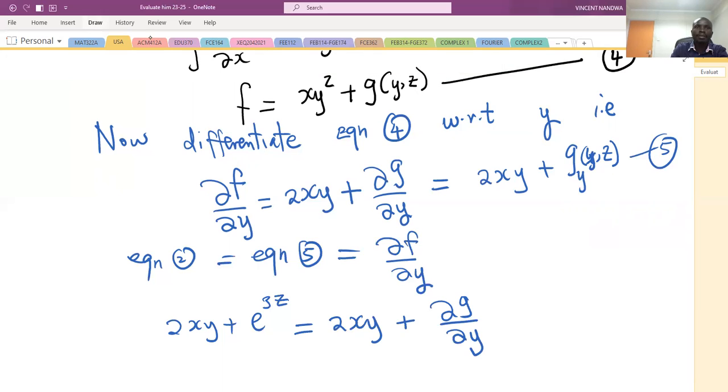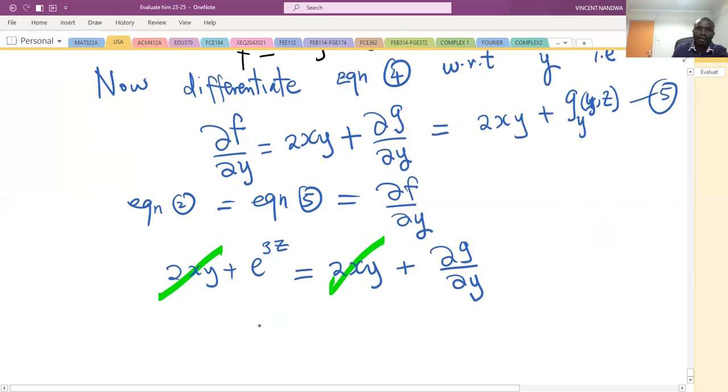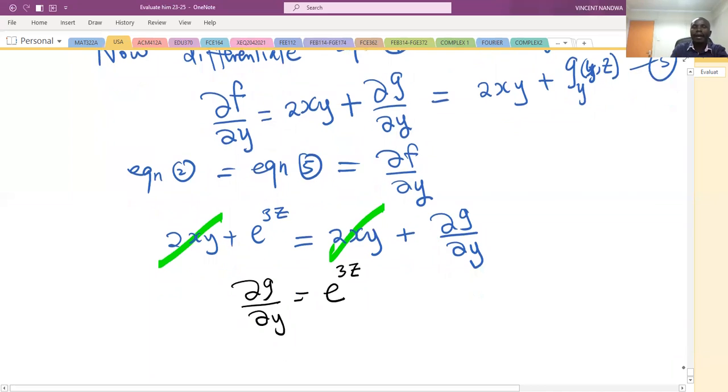Now by this equation, the 2xy cancels out, so that we have partial g partial y equals e raised power 3z. Call this equation 6.